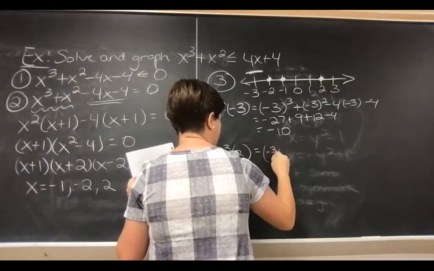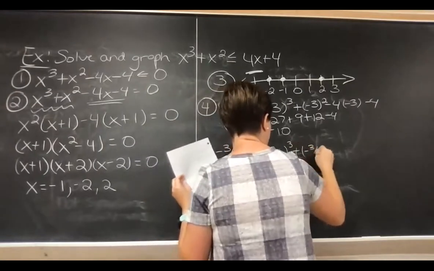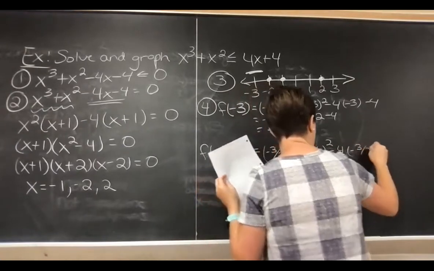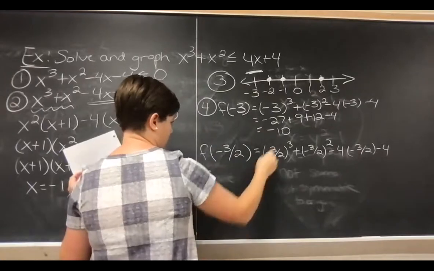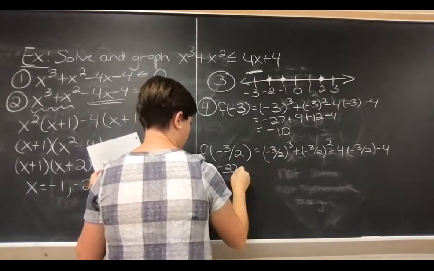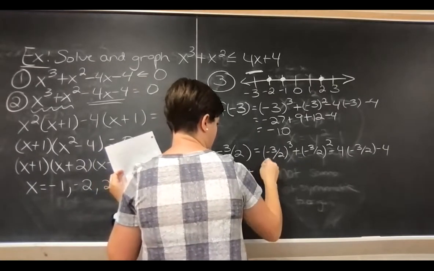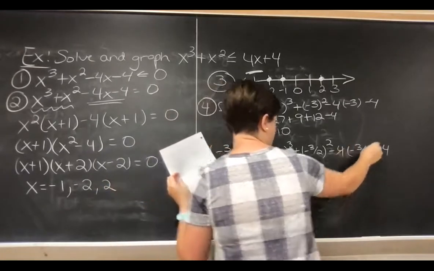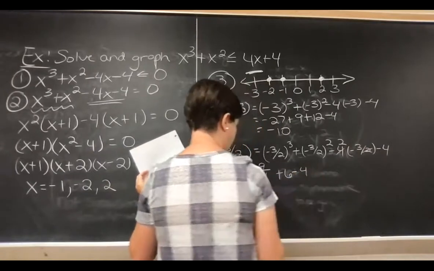So -3 halves to the third plus -3 halves squared minus 4 times -3 halves minus 4. -3 to the third is still -27. 2 to the third is 8. Plus, I have 9/4. That 4 and that 2 will reduce down, so I get a +6 minus 4.